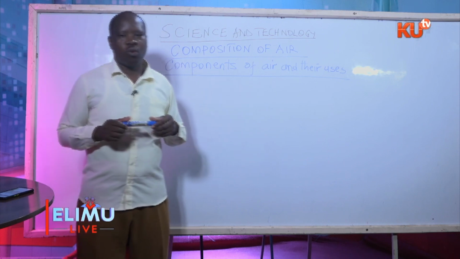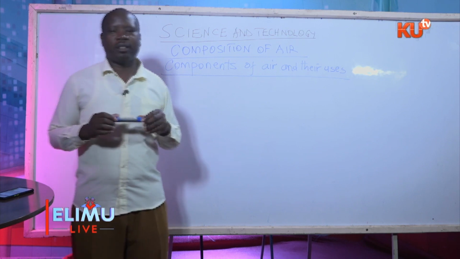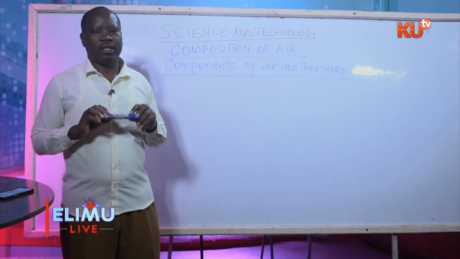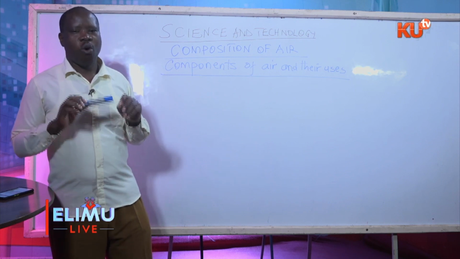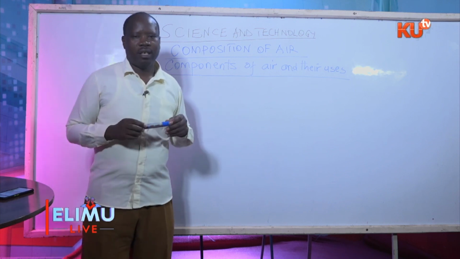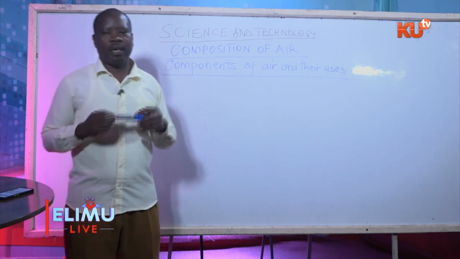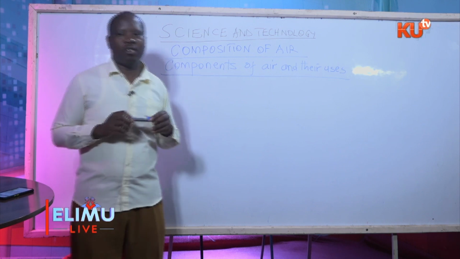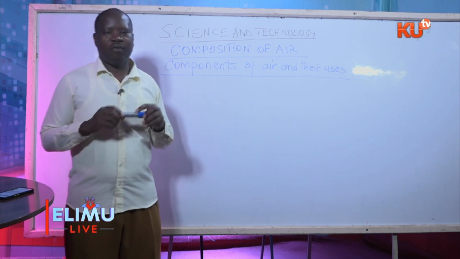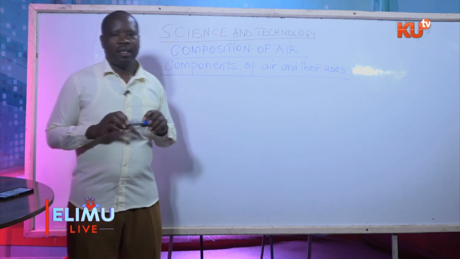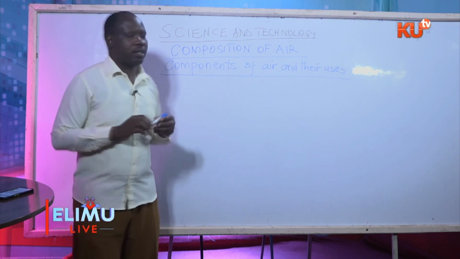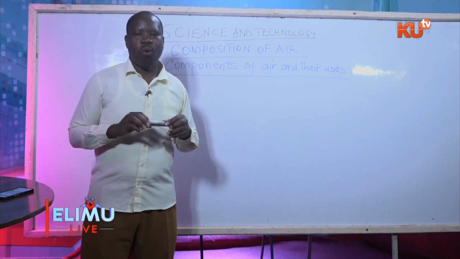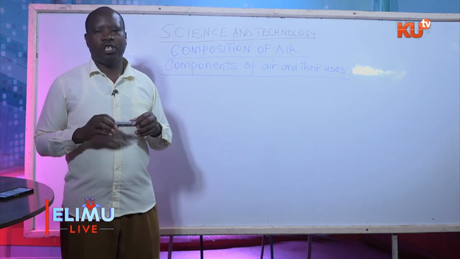Somebody can ask you, what are the components of tea? That means what makes up tea. If you display tea, there are some items or things that have been used so that the final product is called tea. The components that make up tea are tea leaves, water, and probably sugar.